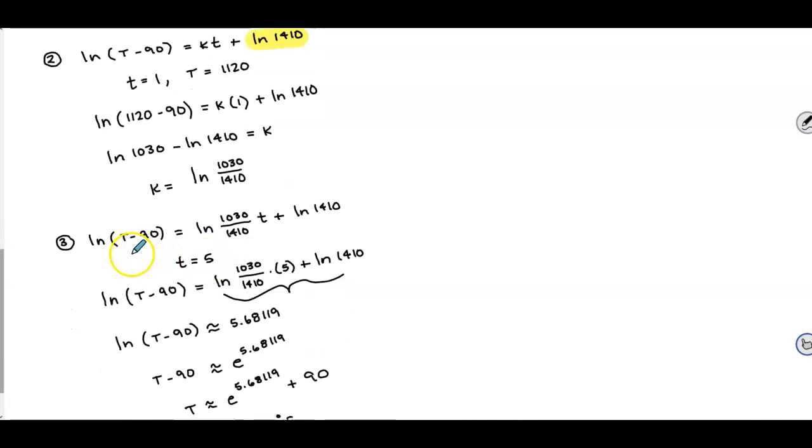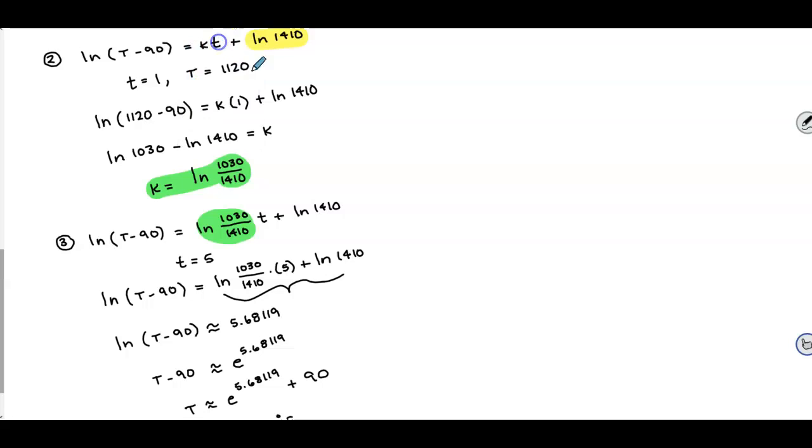Now in step 3, we have the natural log of T minus 90, which is equal to the natural log of 1030 divided by 1410 times t, which is what we solved for k. So now that we got k, we can go ahead and plug that in, which is what we got here.